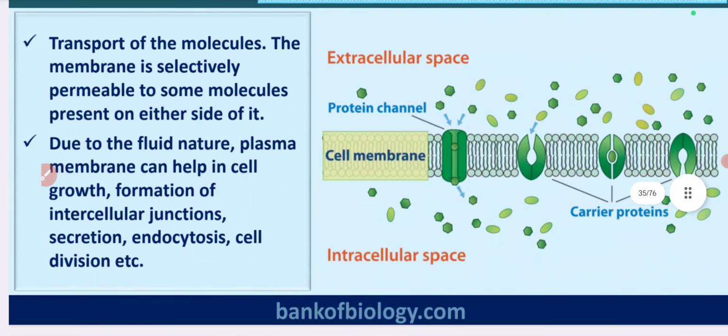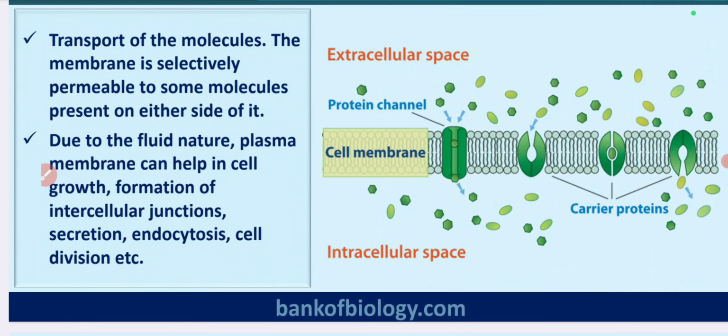The main function of the cell membrane is transport of molecules. Obviously, the membrane is selectively permeable to some molecules present on either side of it. Due to its fluid nature, the membrane can help in cell growth, formation of intercellular junctions, secretion, endocytosis, cell division, etc.